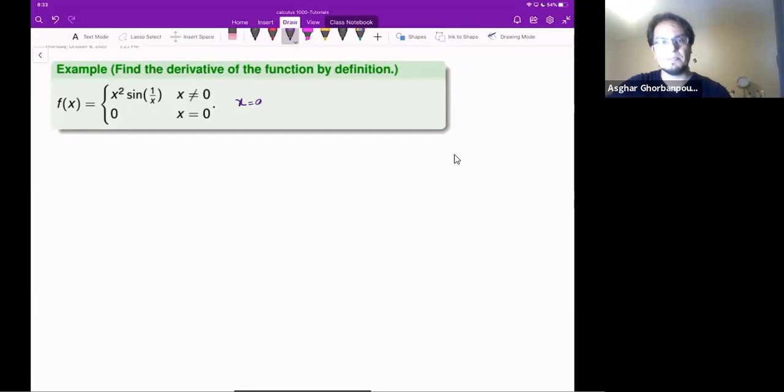But here, this is a piecewise defined function, and x equal to 0 is a point which is not very nice. It is where the function has a different formula than at anything which is not equal to 0.